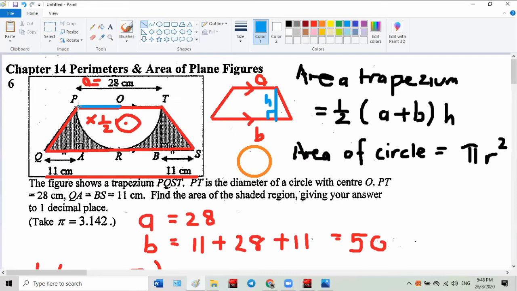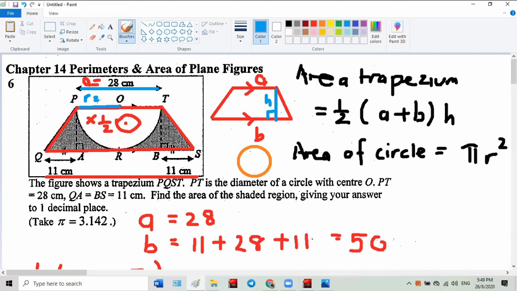Because this is the diameter of the circle, here to here must be half, right? Half is called the radius. Everyone knows the radius is from the center of the circle to the circumference. So here is the radius.